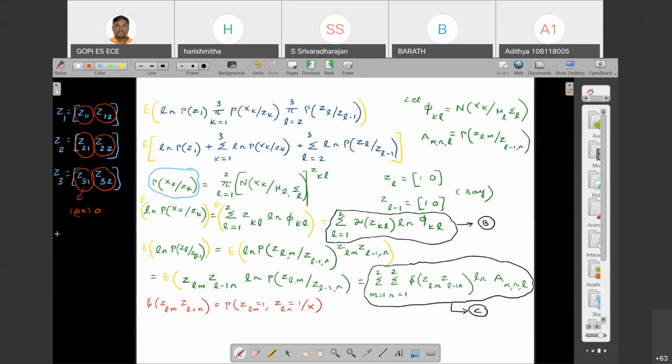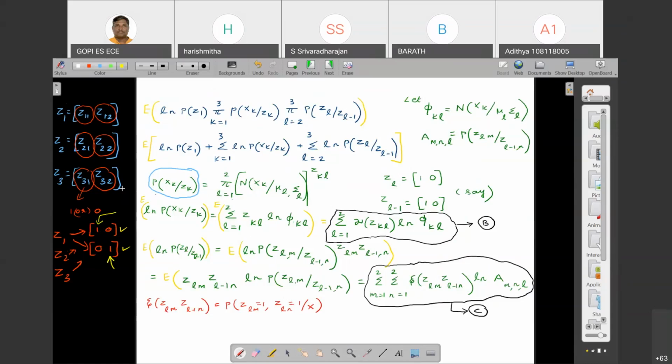In vector form, if I take z1, it takes either 1, 0 or 0, 1. Similarly z2 and z3 take the same form. This is the latent variable. The moment you see z1 as 1, 0, we understand it is getting generated from state 1. If the value is 0, 1, we understand it is getting generated from state 2.